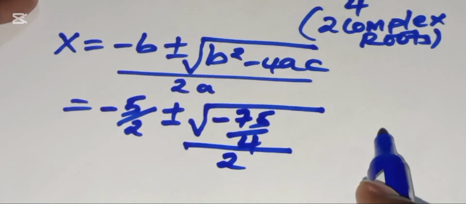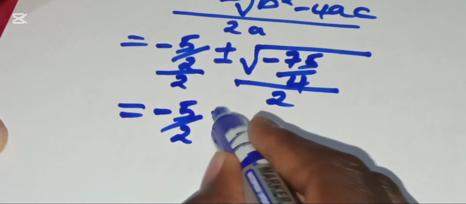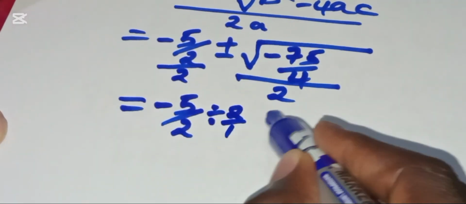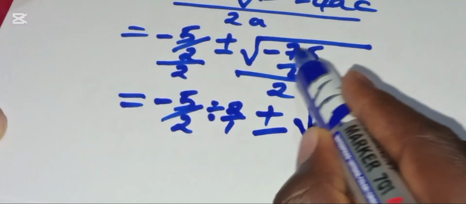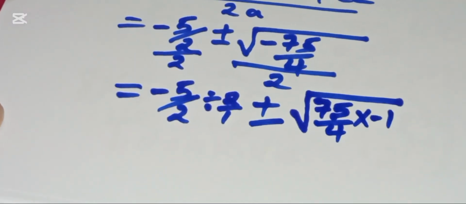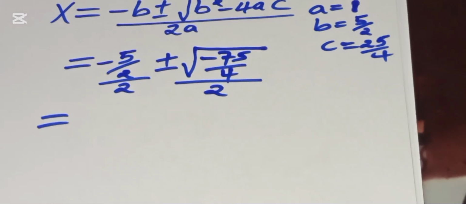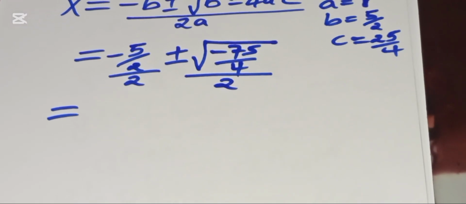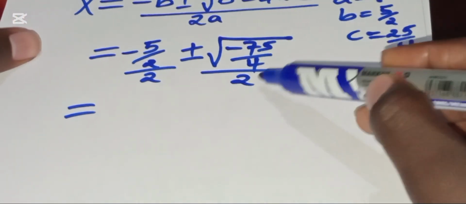So we're going to have negative 5 over 2 divided by 2, plus or minus the square root of negative 75 over 4, divided by 2.